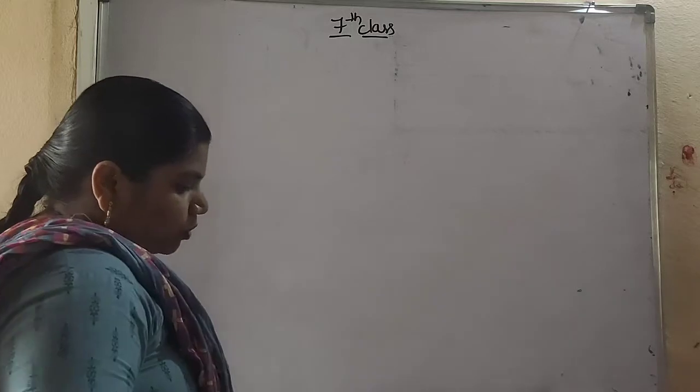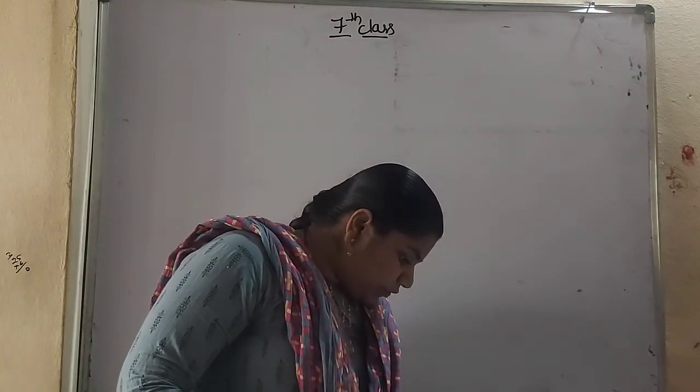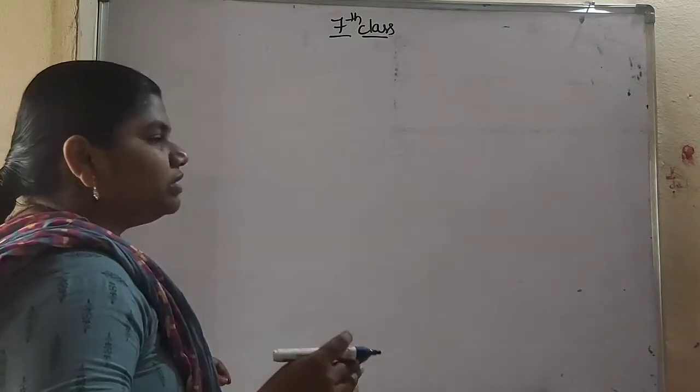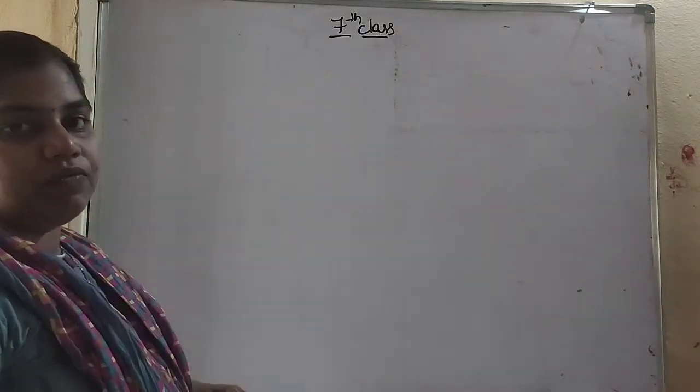So what is the first problem in that? Which of the following pairs are supplementary? Again, they have given some figures, and we have to write which are supplementary and which are not.